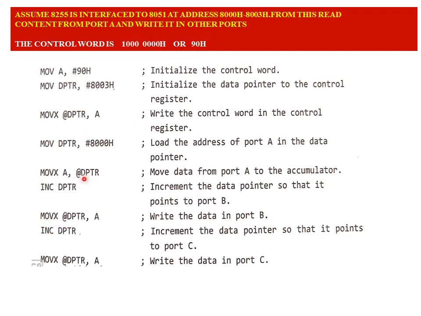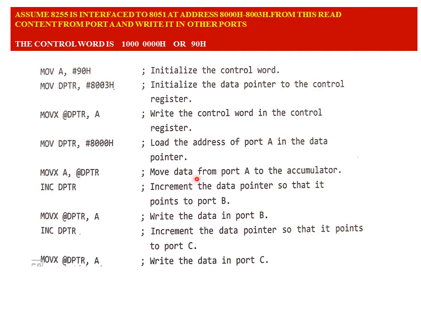Now we are moving from the data pointer to the accumulator for execution purpose. Why is this required? Because this should be executed by the processor or microcontroller to decide port A as the input or output device.